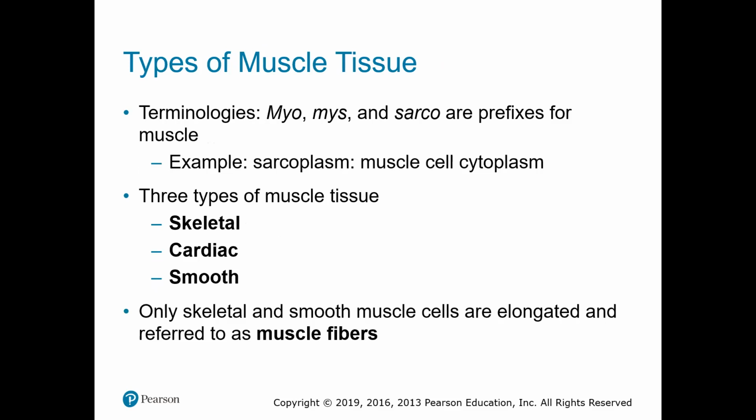Sarcolemma is the cell membrane of a muscle cell. Myofibril is a structure inside the muscle cell, and myofilaments are the contractile proteins that make up the myofibril. So you're going to see all these terms here, and I will confess there is a certain level of confusion.